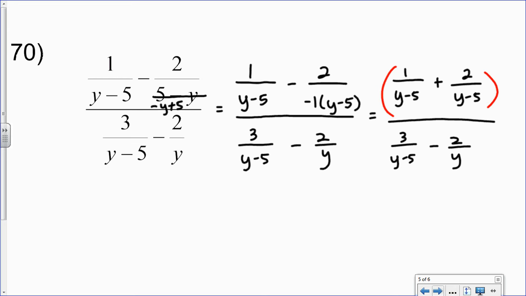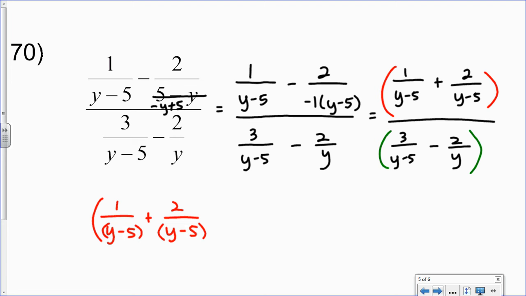Okay, so I'm going to use method 1. Let me write this fraction as a division problem. Since these are expressions, I like to put the little parentheses around them.